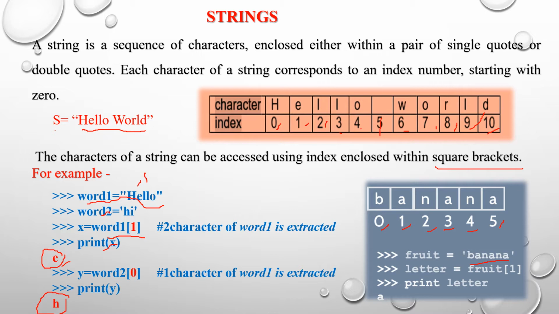After that, letter is equal to fruit square bracket 1. We are accessing index 1, which means the second character of the string. If we print letter, the character a is going to be printed.